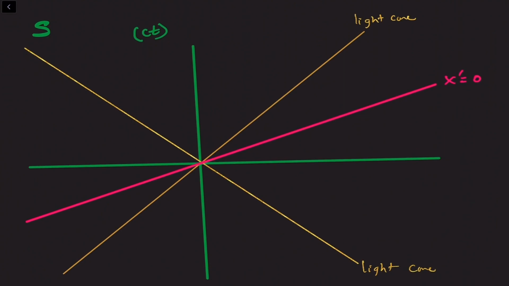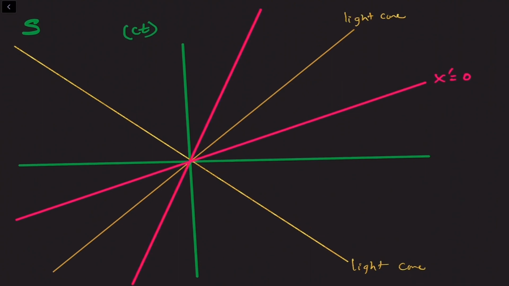So let's draw that over here. Here I've drawn the t prime axis. If I call this angle theta and this angle theta prime, tan theta is beta, but tan theta prime is 1 by beta.